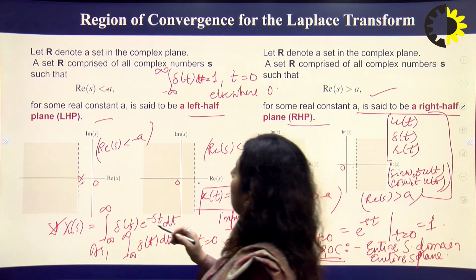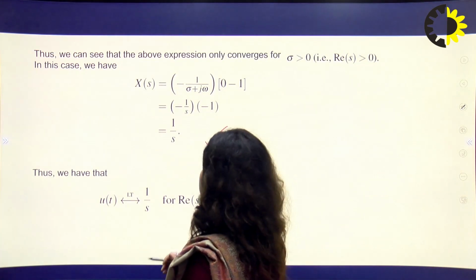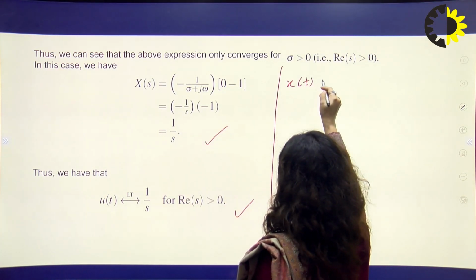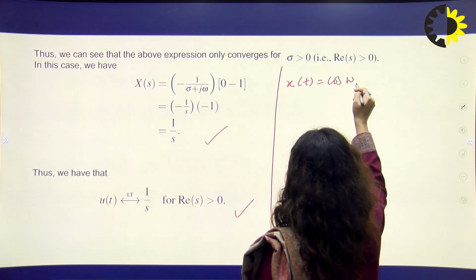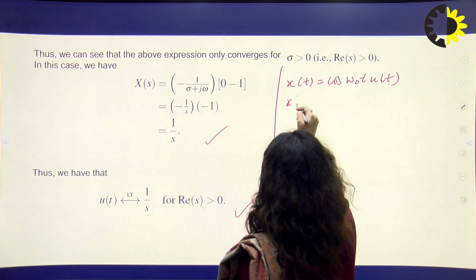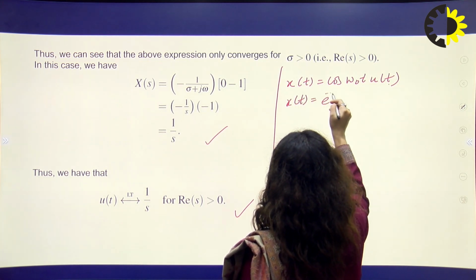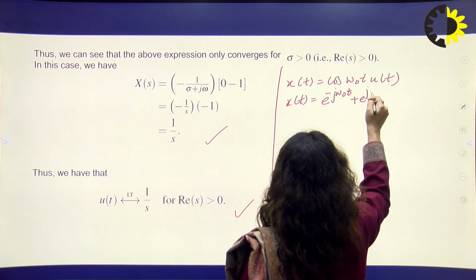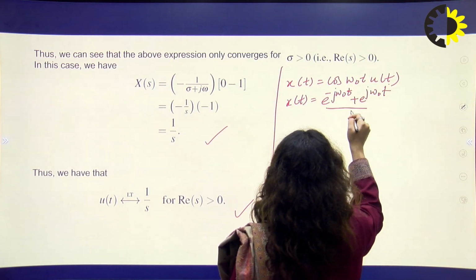In the case of the cos function or the sine function, suppose x(t) is equivalent to cos omega naught t u(t). Firstly, you have to break it into exponential functions: e to the power minus j omega naught t plus e to the power j omega naught t, divided by 2.